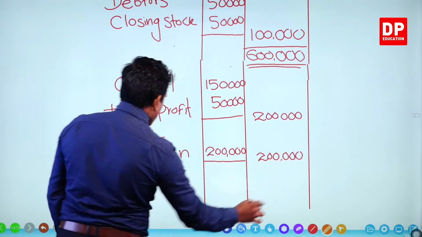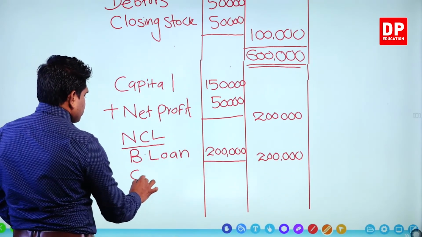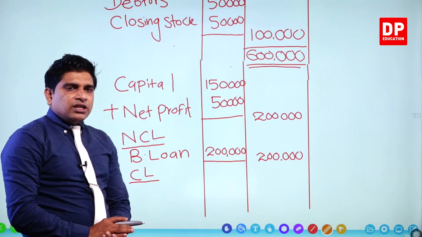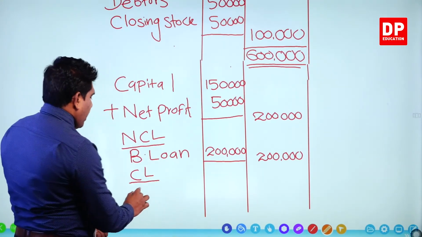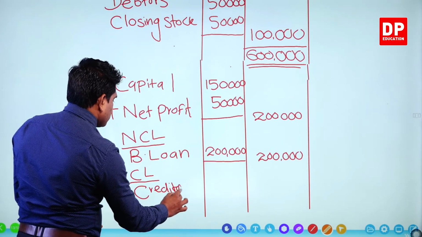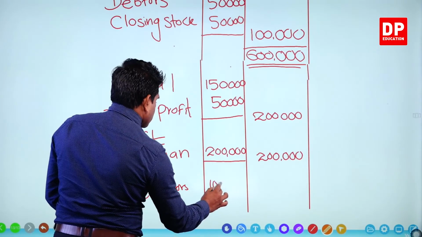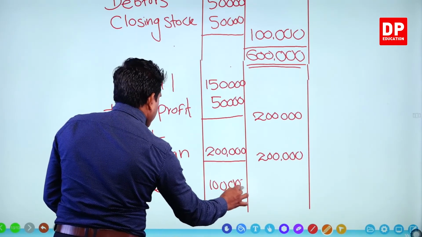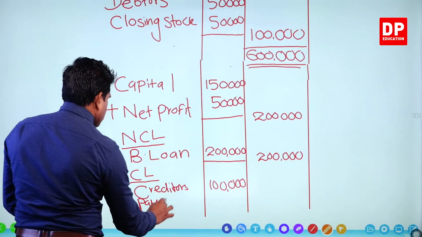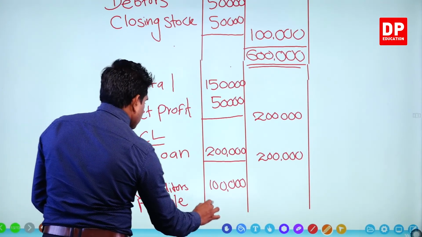Now, current liabilities. Creditors, 100,000. Other payables, I have given 100,000.